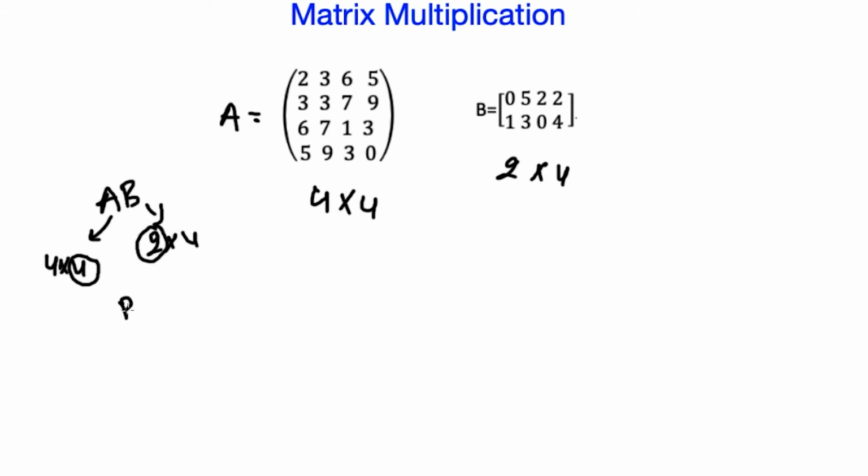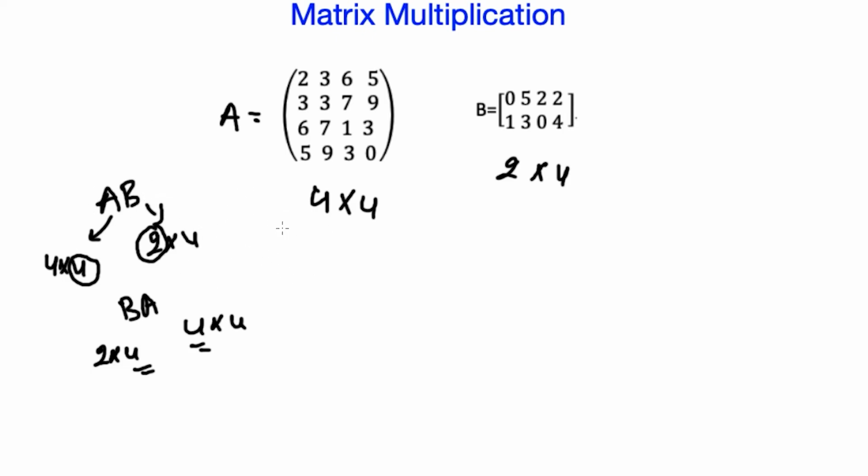But the product BA is defined, because here we will have 2 by 4 and here 4 by 4, so this is equal to this, so we can get BA, but we can't get AB.